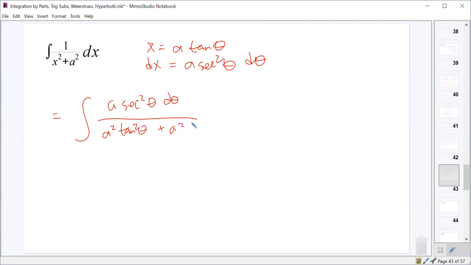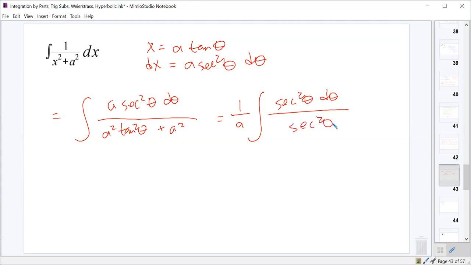And what can we then do with that? Factor out the a squared, which is going to leave me with an a over an a squared, or just a 1 over a that I can put in front of my integral. And I'll have a secant squared theta d theta. And in the denominator, I'm going to have a tangent squared theta plus 1, which is secant squared theta.